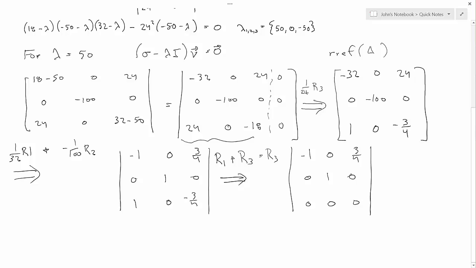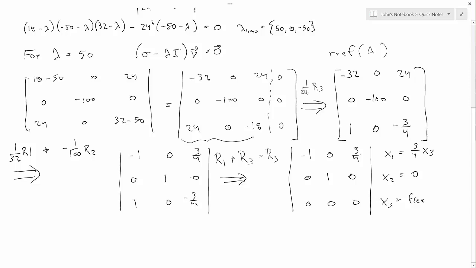Okay, so now I can write down the solution. So now I have x1 equals 3/4 x3, x2 is equal to 0, and x3 is free.